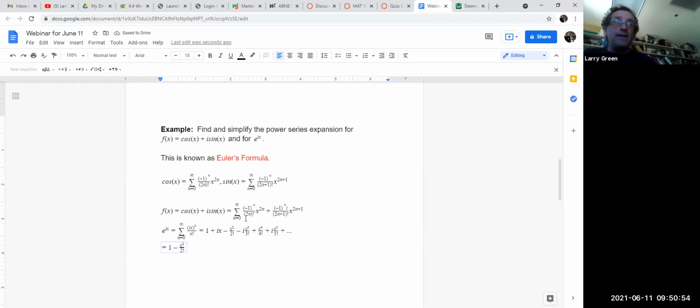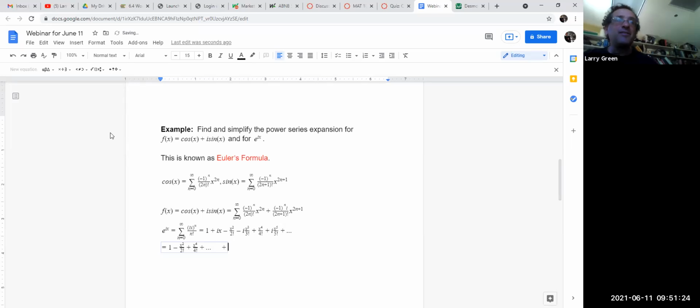And then the next one without an i is going to be plus x to the fourth over 4 factorial. And I'm just going to write plus dot dot dot.